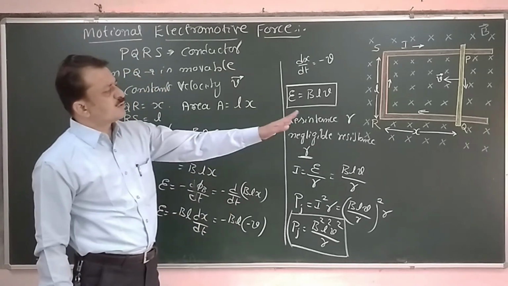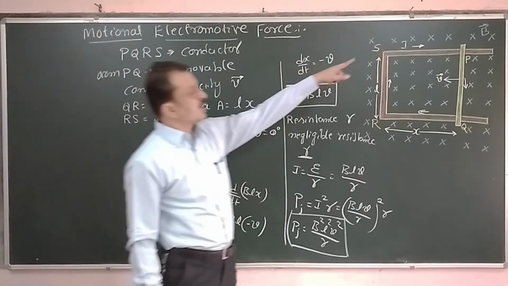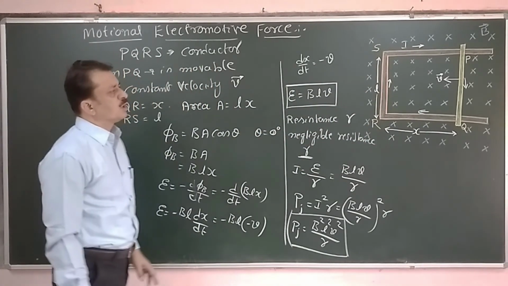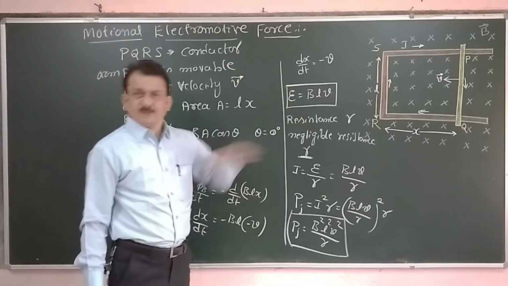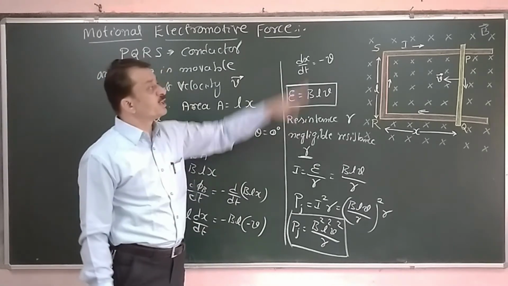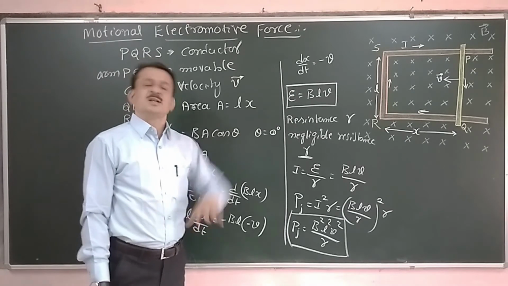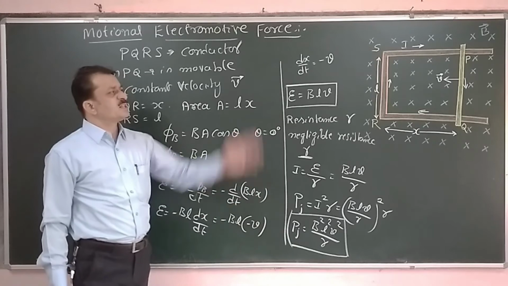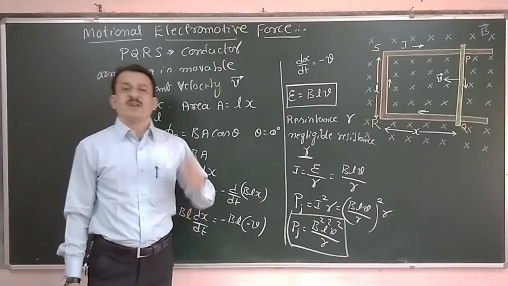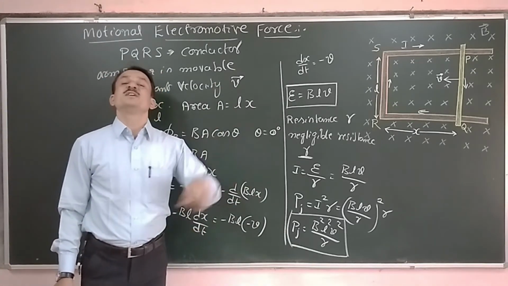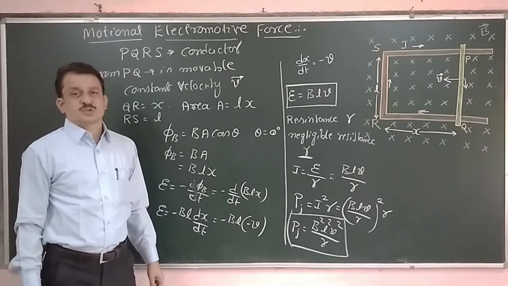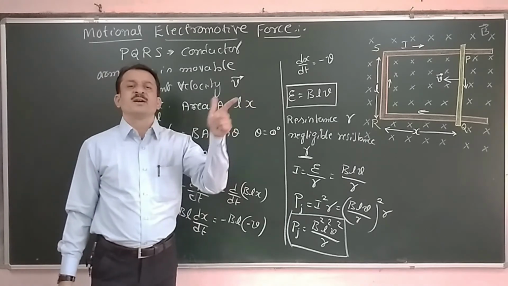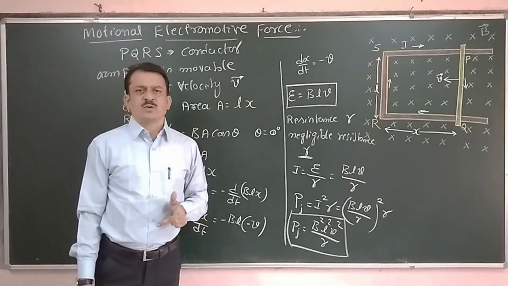Therefore, the charges start to move along the P to Q direction, and hence current is flowing in that conductor. In the previous chapters we have studied that whenever a current carrying conductor is placed in an external magnetic field, it experiences a magnetic force. The direction of that force is given by Fleming's left hand rule.